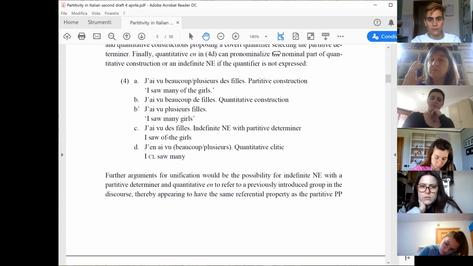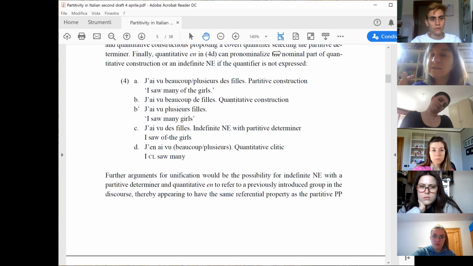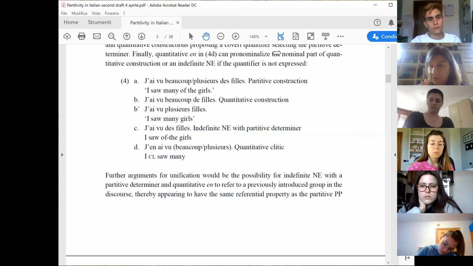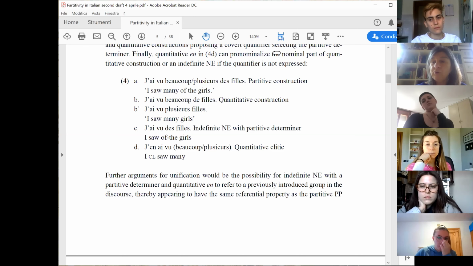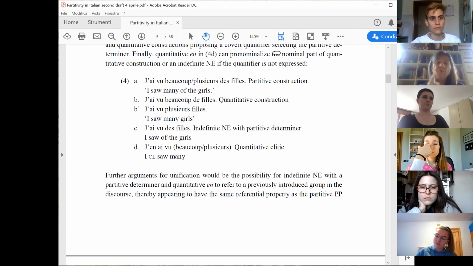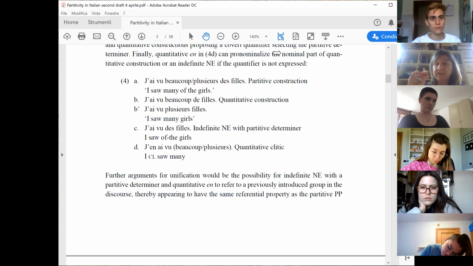And if you know Slavic languages, you are not surprised, because in Slavic languages, mnogo, much, can also embed plural, masculine and feminine nouns. Okay, exactly like beaucoup in 4B, because in 4B you see that beaucoup and plusieurs behave differently.